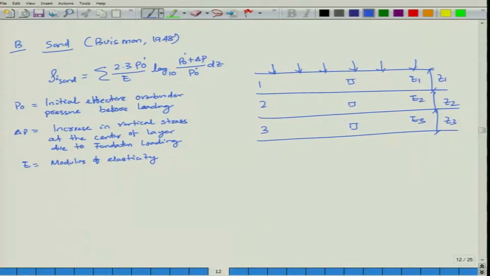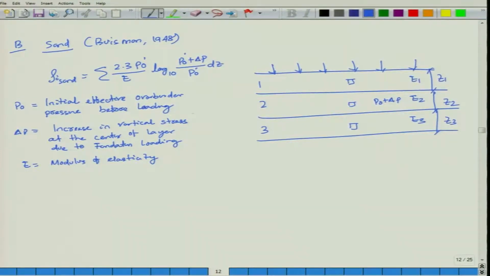Then this will be your P0 plus delta P. You have to consider layer by layer, and for each layer find out P0, delta P and P0 plus delta P. P0 is your initial effective overburden pressure before loading.